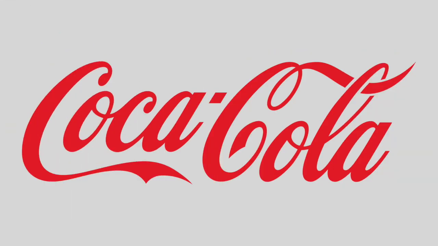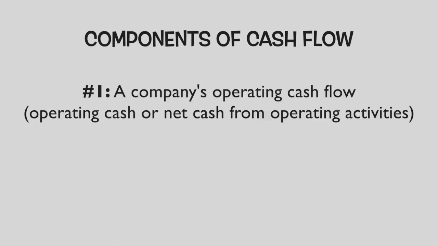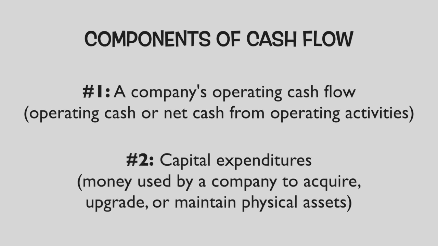Let's use Coca-Cola as an example to show you how to calculate cash flow. To calculate Coca-Cola or any company's cash flow, we need two numbers. A company's operating cash flow, also referred to as operating cash or net cash from operating activities, and capital expenditures.